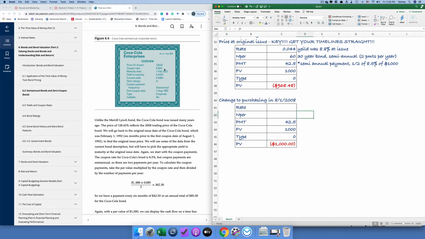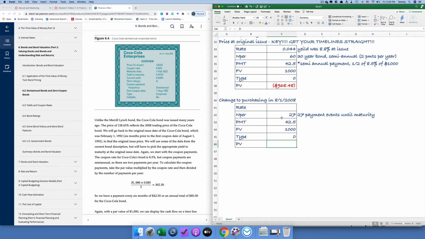Between August 1st, 2008 and the 1st of February 2022, you're just going to have to trust me, you can count it. It's 27 payment events until maturity. If you count it up, you can: how many half years between August 2008 and February 2022.